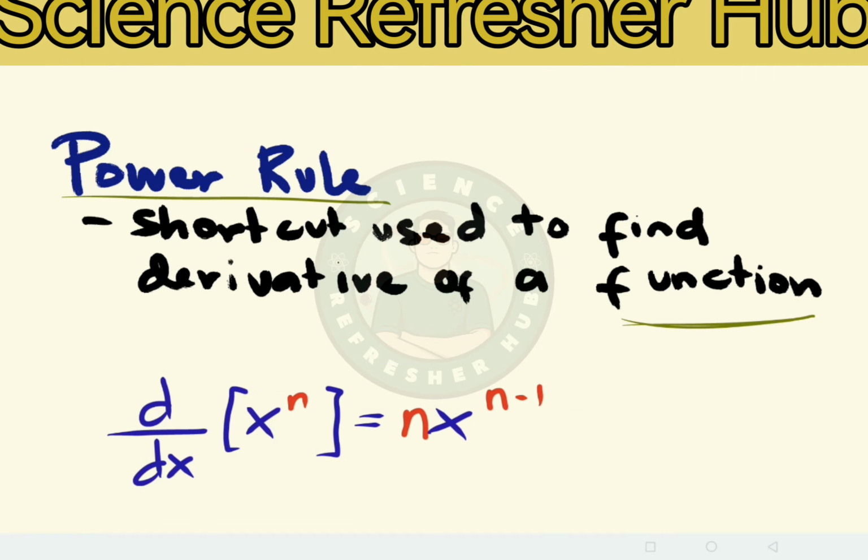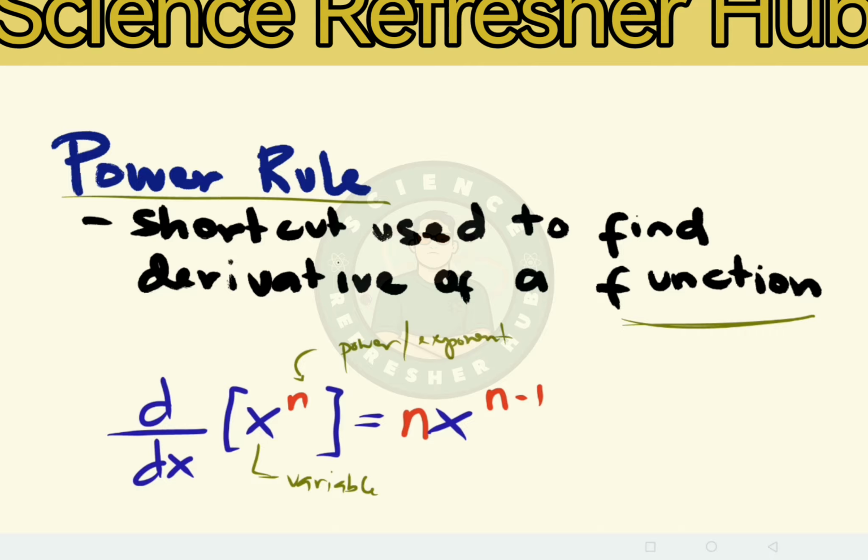Let's talk about the power rule. As I have said, it's the shortcut used to find the derivative of a function. We have this formula here. It's the derivative of x with respect to position is equal to this formula. If you have this function here, you have your variable x. This is the variable. It is going to be your power, or let's say exponent.